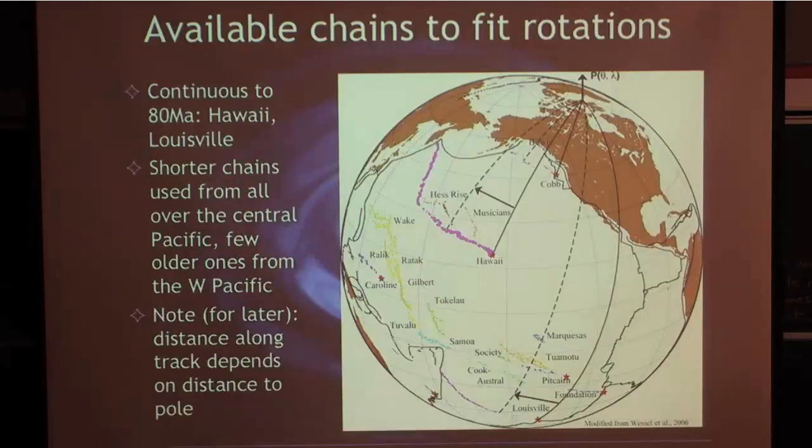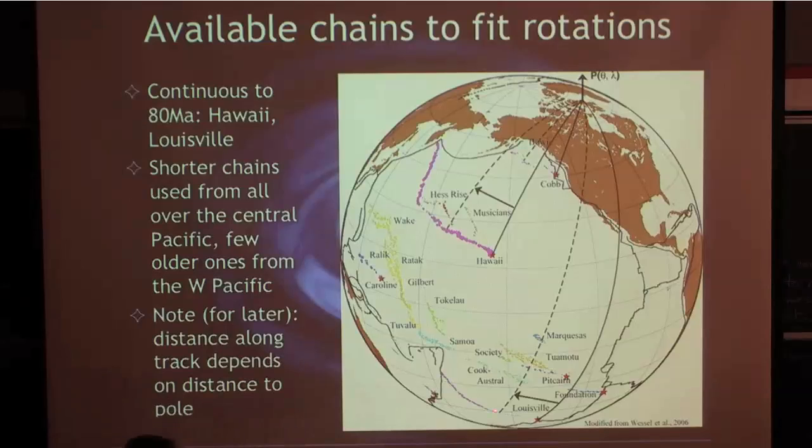Okay, so the next step, what do you actually have for data? This is what Paul uses as his database. They have a number of chains identified, and those are the geometric constraints to do this exercise.